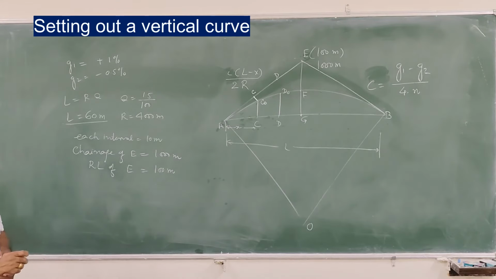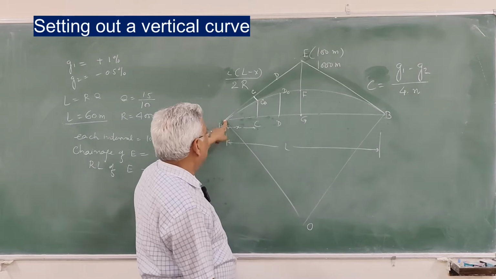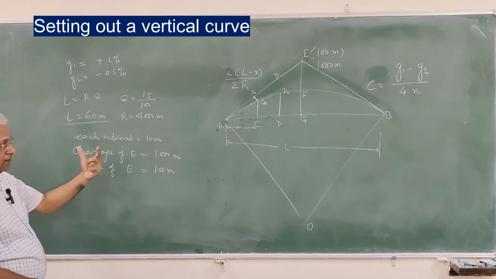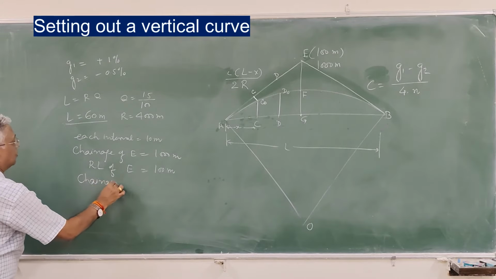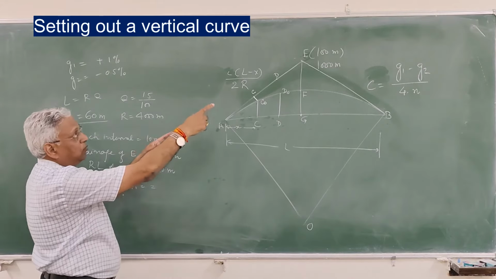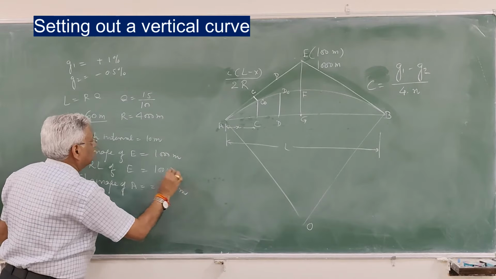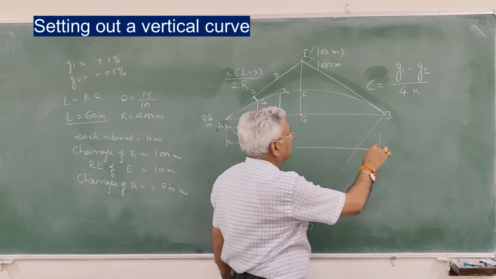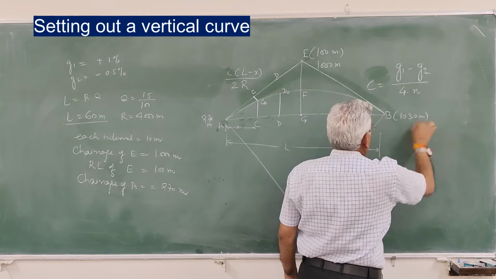Let us assume. So what is the RL of A? RL of A at a slope of 1 in 100 and 30 meter. So chainage of A point, that is starting, will be 1000 minus 30, that is 970 meter. And this is 1000 plus 30, 1030 meter.